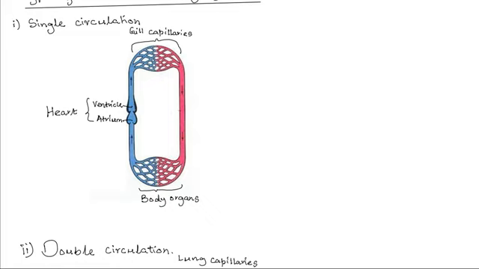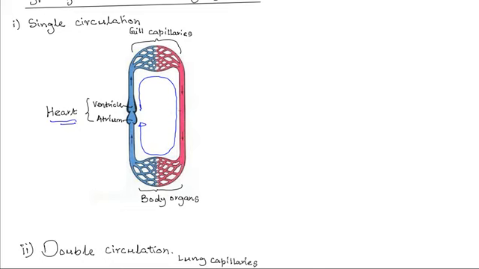In single circulation, the blood passes through the heart once for every complete circulation. So if this is the heart, the blood is pumped out of the heart, goes through a full circulation in the body, and then back to the heart.